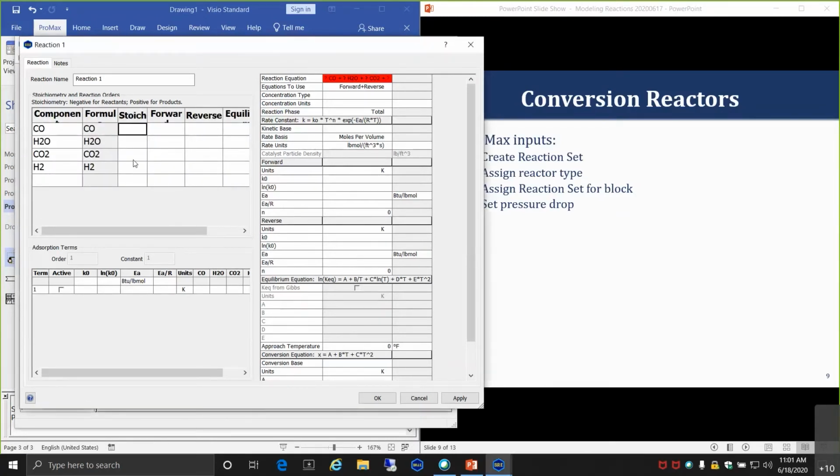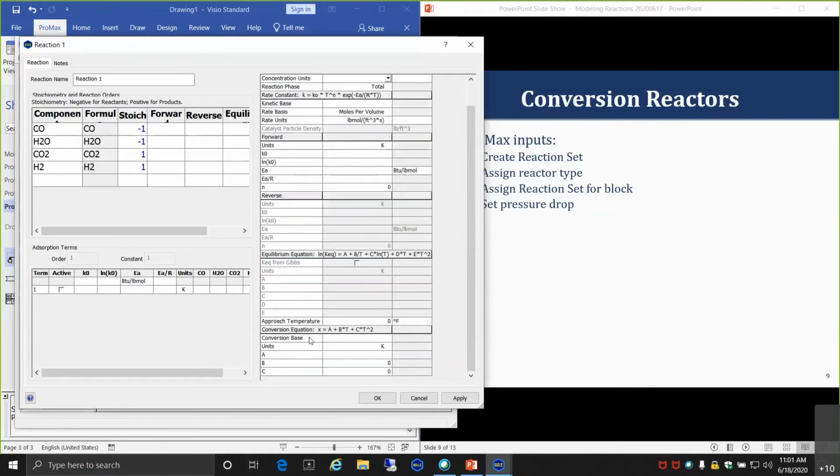So we need to set up our stoichiometry again. It's negatives for reactants and positive for products. This is going to be forward only, with mole fraction and fractional, which is the default.